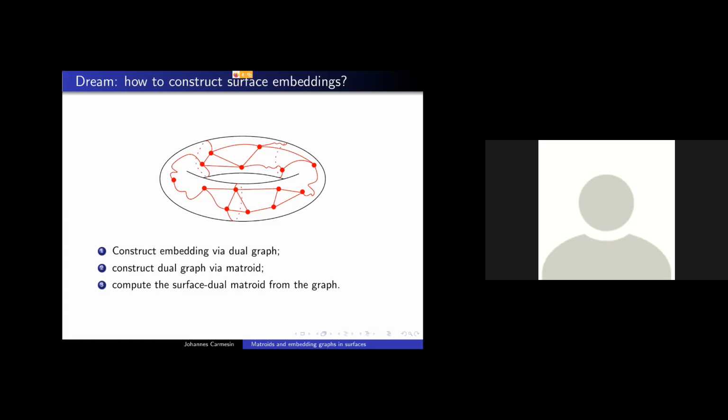And constructing the dual graph is too complicated, so we'd rather find it as given by some graphic matroid, being the cycle matroid. And then this graphic matroid we would compute as some surface dual matroid of a graph, and it's not really clear what this is at this point in the talk.